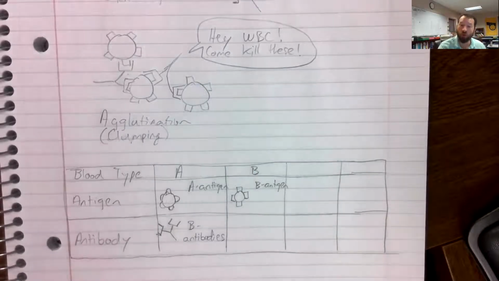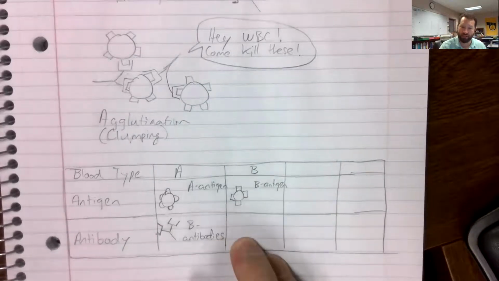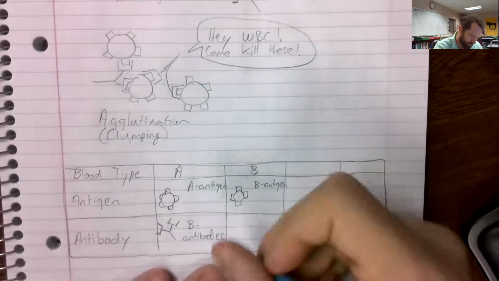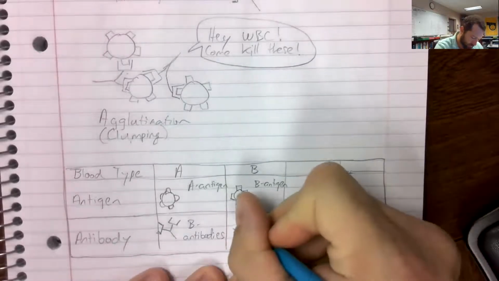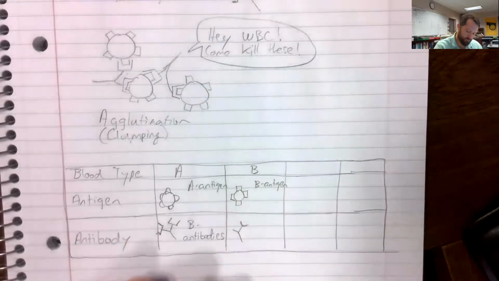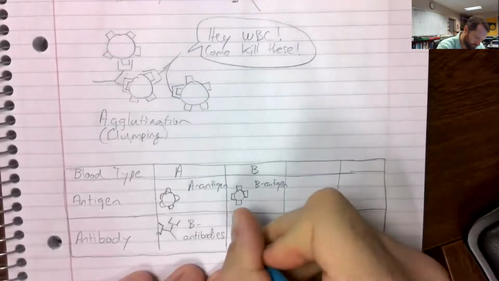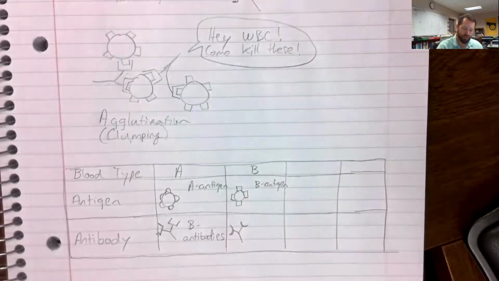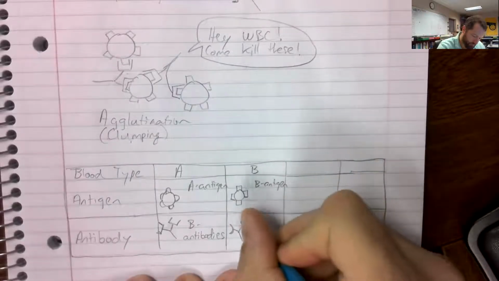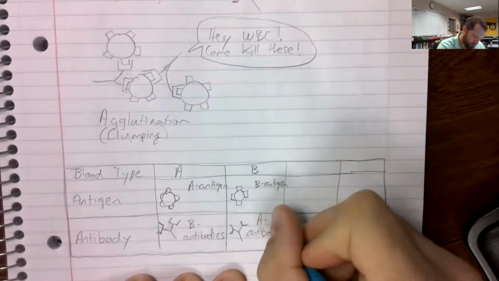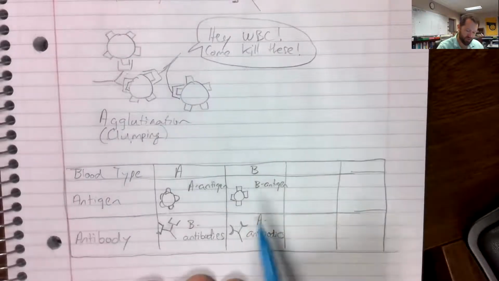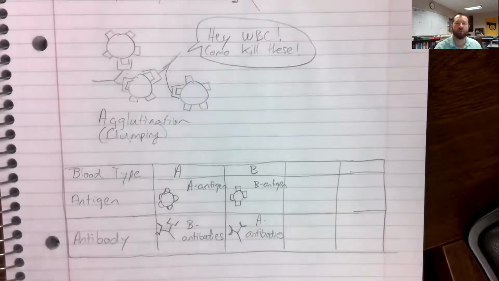We don't want our antibodies to match up with our blood. So if you have B-type blood, you have the opposite antibody. You have the A antibodies. And then that circle shape is not going to match up with the square shape.